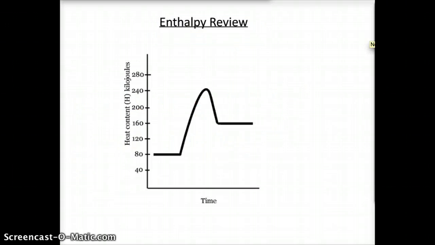Enthalpy. Okay? Remember enthalpy, delta H. This is the change in heat in a reaction, okay? So remember, we used calorimetry, Q equals mc delta T, to figure out the amount of heat that's given off in a reaction, either gained by the system or gained by the surroundings.